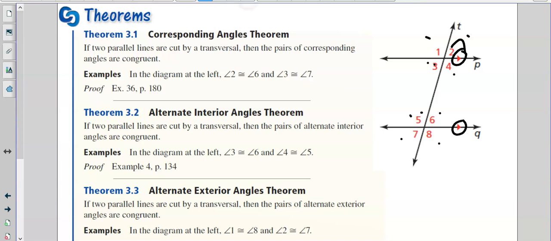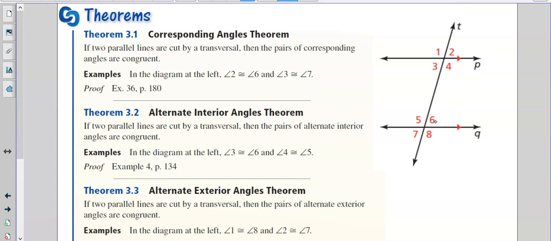Now we're going one step further, and there's a special relationship when the lines are parallel. So it says, if two lines are parallel and cut by a transversal, then the pairs of corresponding angles are congruent. So before we said 2 and 6 were corresponding.